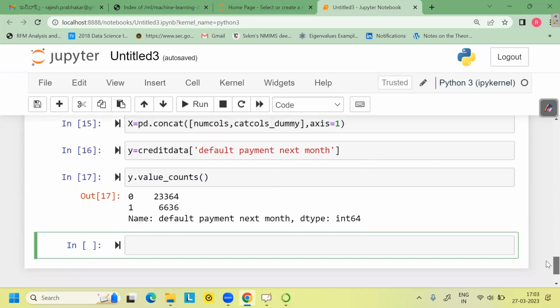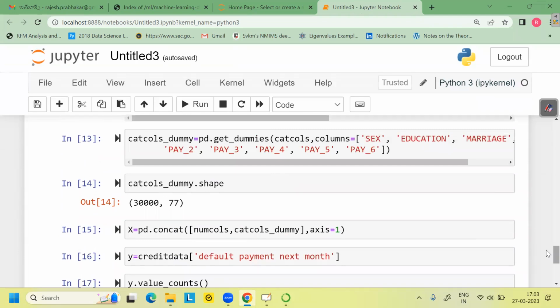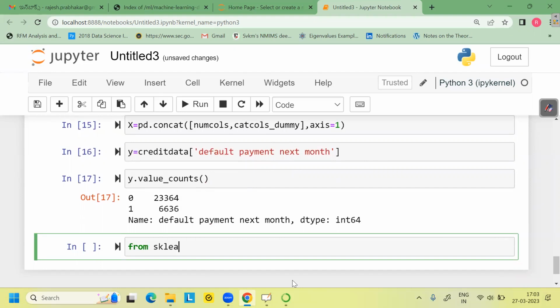Now we have our data in X and Y: all independent variables as X, dependent variable as Y. Now we are ready to build models.